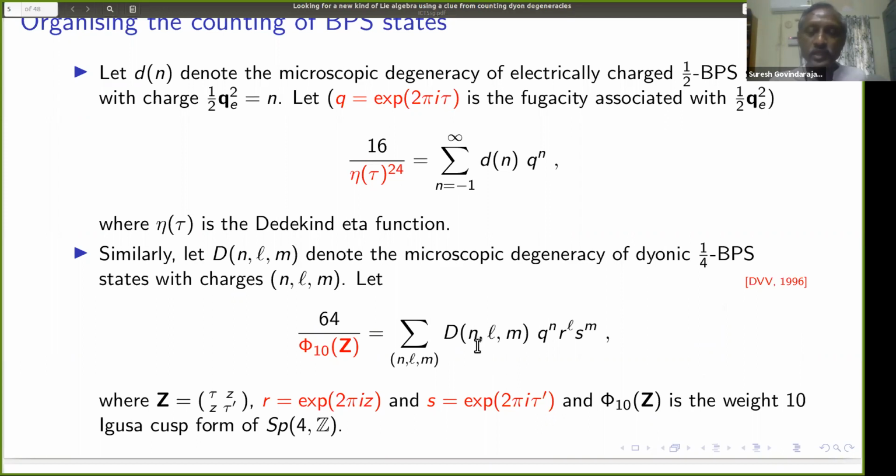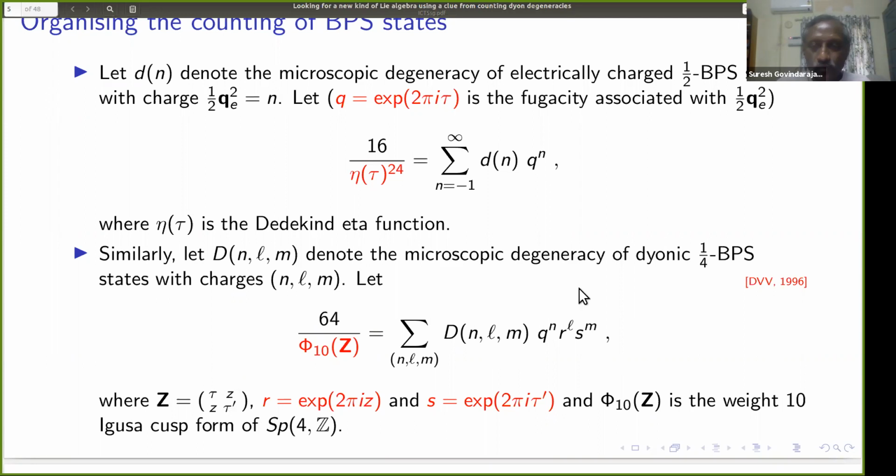Again, that would be in the limit of large charges. So n, l, and m should be large charges. And some definitions here. q is e to the 2πiτ. r is e to the 2πiz. And s is e to the 2πiτ'. Okay. So the capital boldface Ω is actually a symmetric 2 by 2 matrix with entries τ, z, and τ'.